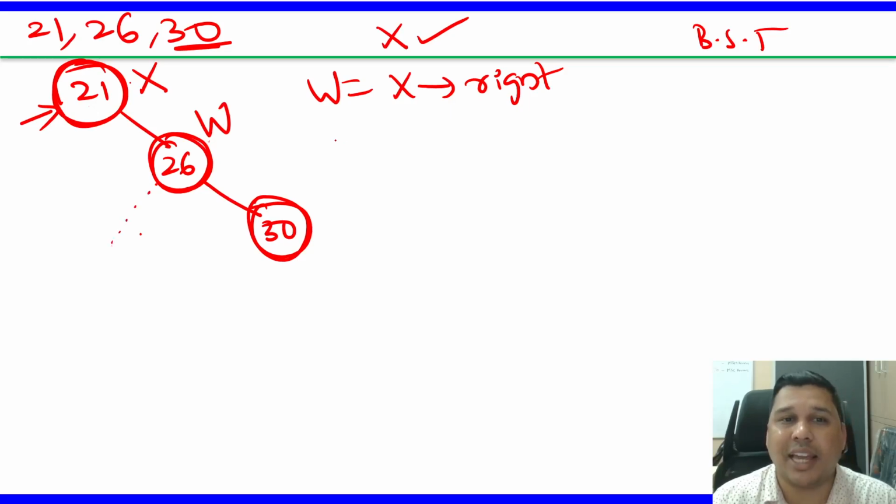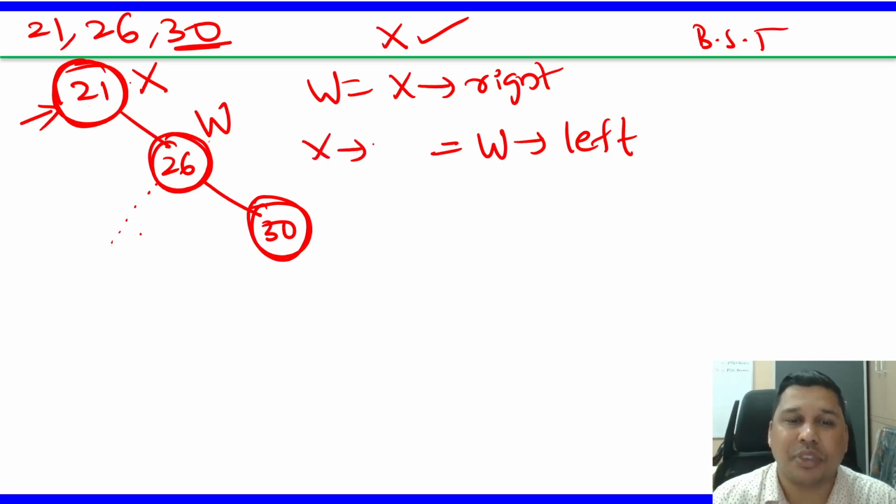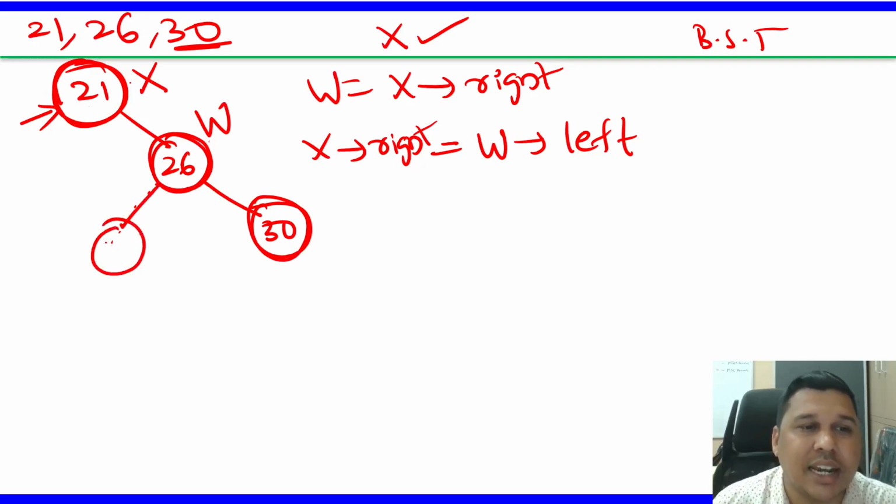Whatever elements are there on the left of w should become x's right. This is the why. Suppose there is one more element here. Let me take some 25.